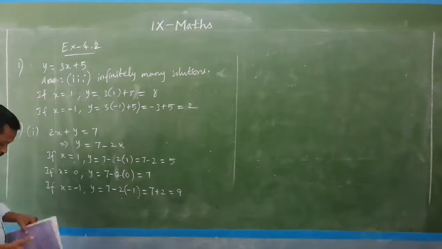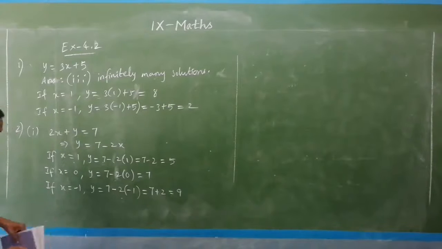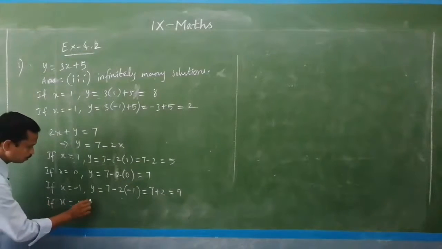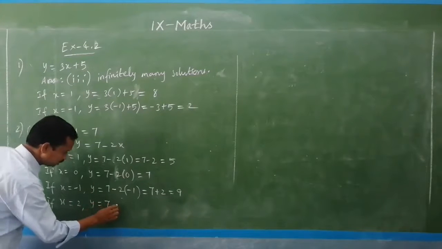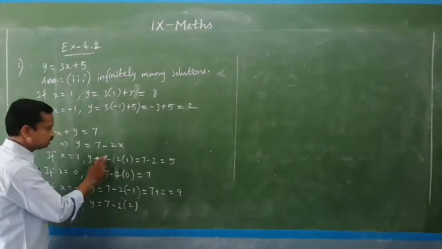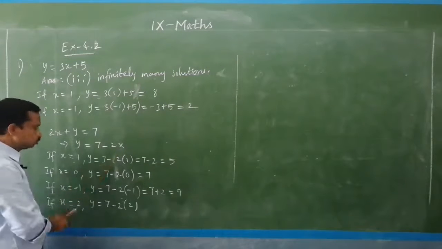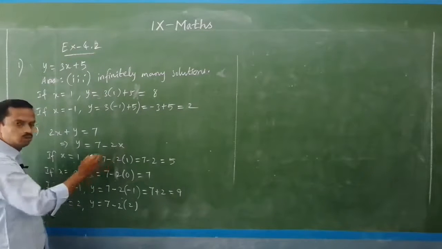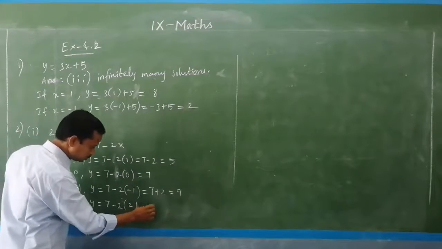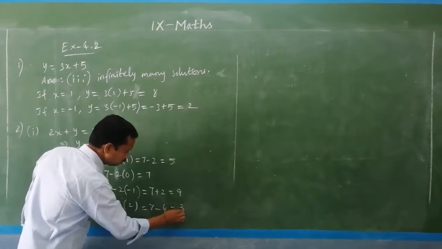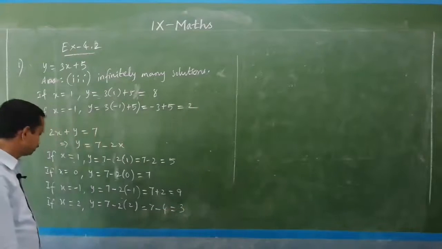And the question is to find 4 solutions. So, if x equal to 2, then y equal to 7 minus 2 into 2. We just apply the value for x. This is 7 minus 4, and we get 3.